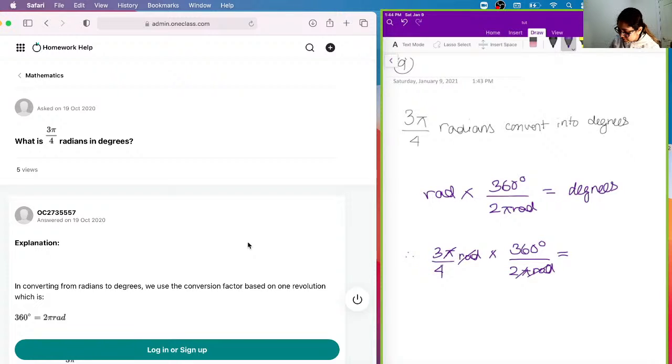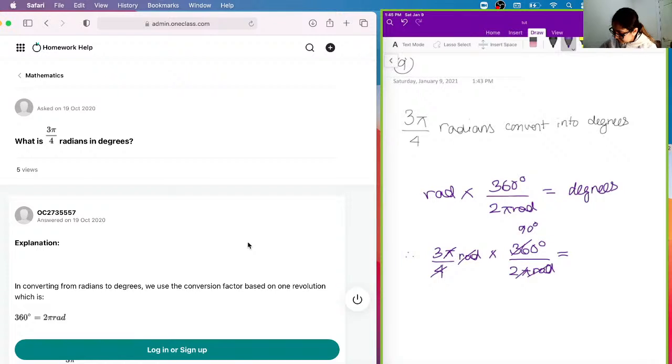And so what we have to simplify is 360 divided by 4, which is 90 degrees, and so 3 times 90 is 270, divided by 2 is 135.